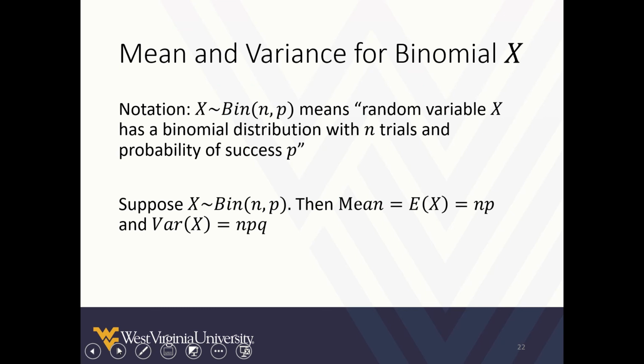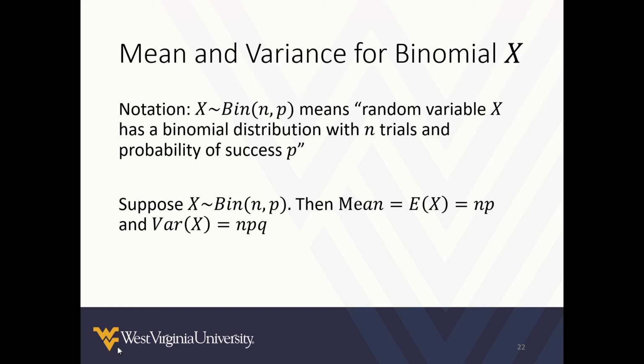Okay, so as I said, there are specific formulas that we memorize and know in response to our various probability distributions. Naturally, each of these have their own specific mean and variance and special notation.